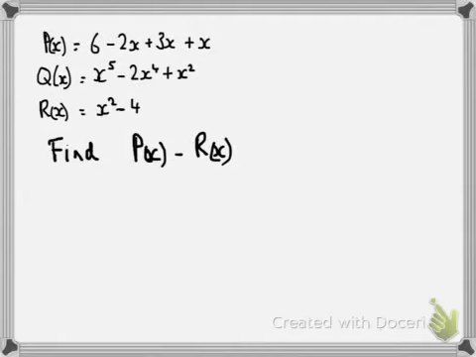Now what about p of x minus r of x? Right, so let's write out here p of x first of all, and we get 6 minus 2x plus 3x plus x. Now we're going to subtract r of x. Now I want you to remember this all year when you're subtracting an expression such as this.